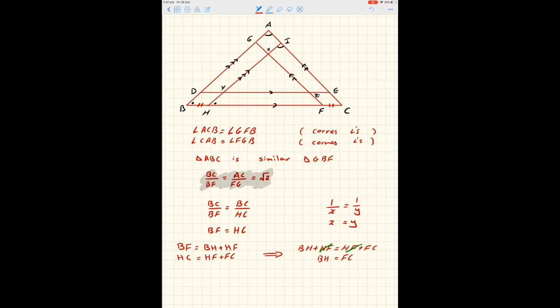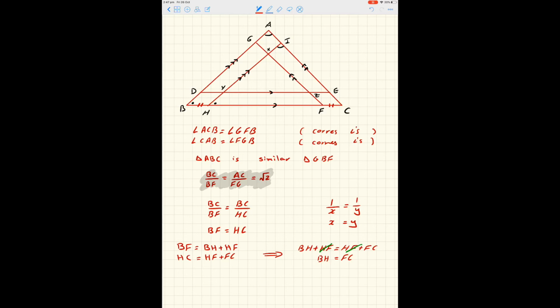So therefore, what I need to do, somehow, if I can prove that DYHB is a parallelogram, then guess what? Opposite sides of a parallelogram are equal. So DY is going to equal BH. And if I do the same thing on the other side, FCEZ, prove it's a parallelogram, therefore FC is equal to ZE. And since BH and FC are equal, by definition DY is equal to ZE. So that's what I'm going to do.